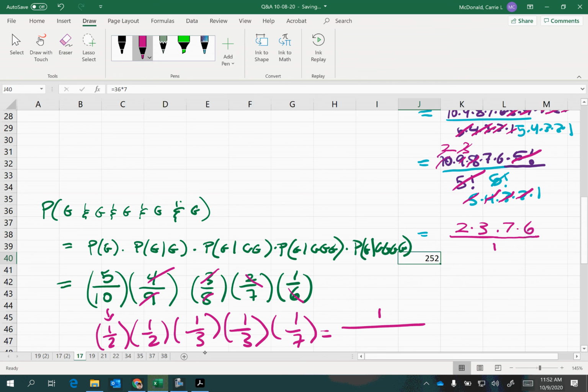Oh, that's because one of my 3's was combined with one of my 2's. So there's 6 there. So then I have 2 times 3 times 6 times 7, 1 out of 252. Okay, so that is another way you could have approached it.